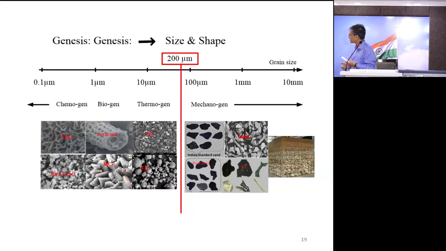And similarly, geogenesis means, suppose think about the deep sea. So many plants and animals are dying out. That is also forming a soil. Calcareous soils are forming.